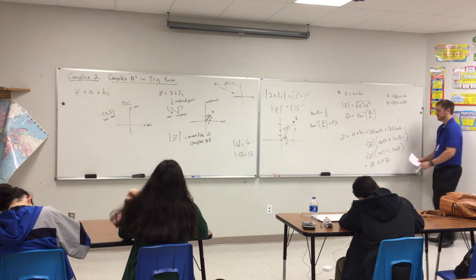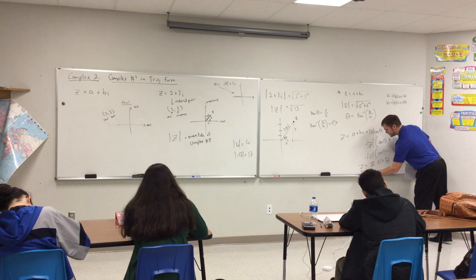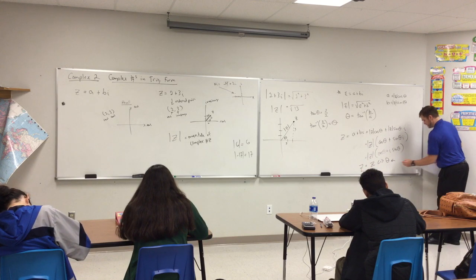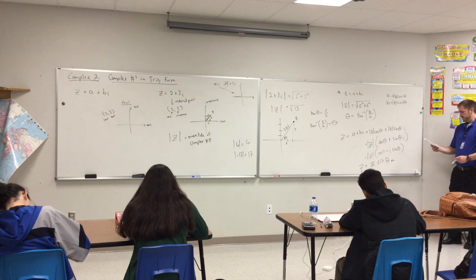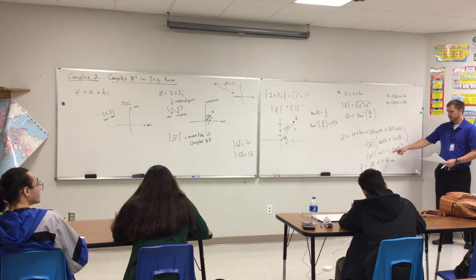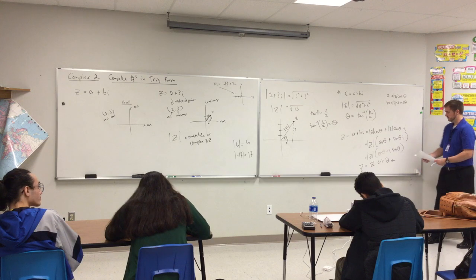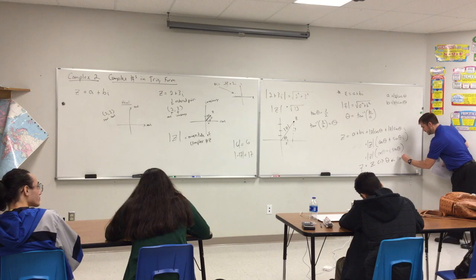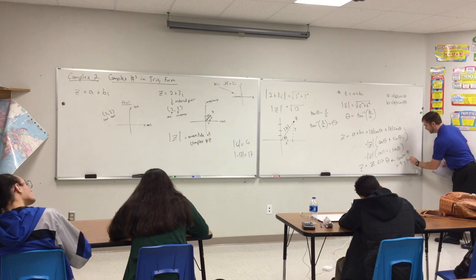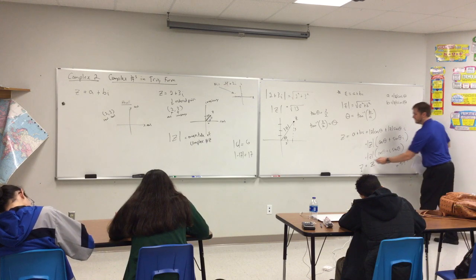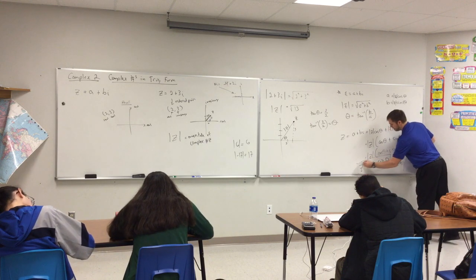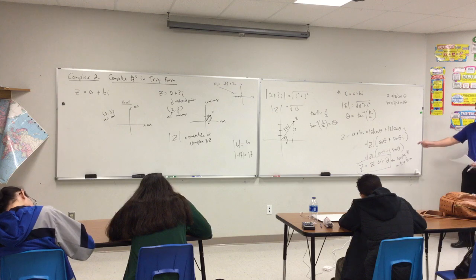has a special name. This is a complex number written in trigonometric form. Complex number, I'll just abbreviate it, trig form. And there's all kinds of stuff that you can do with that.